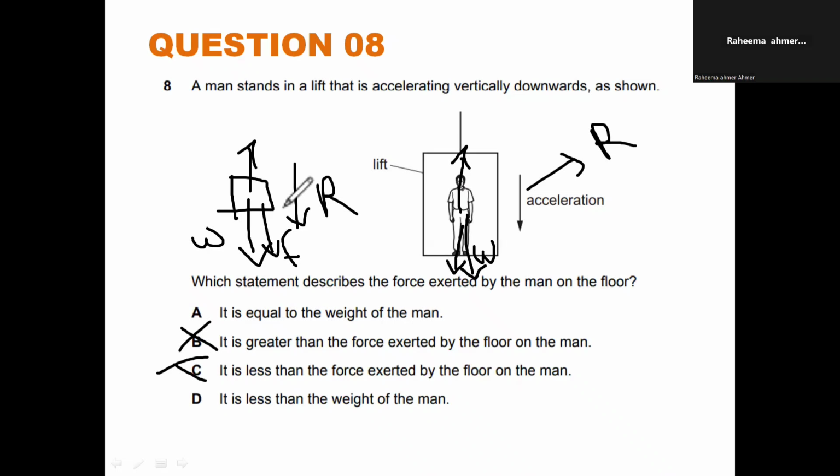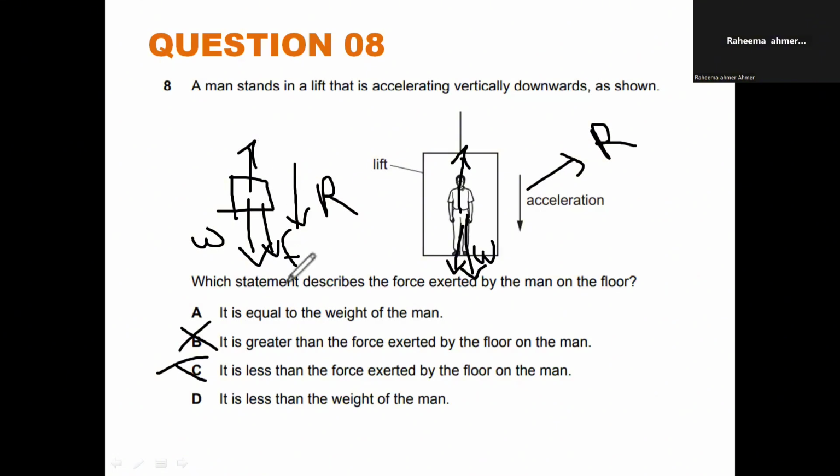So as this force and this force are equal to each other, this force would be, of course, less than the weight. The upward force is less than the weight because the resultant force is pointing downwards. As a result, the downward force is also equal to the upward force, so this one would also be less than the weight.